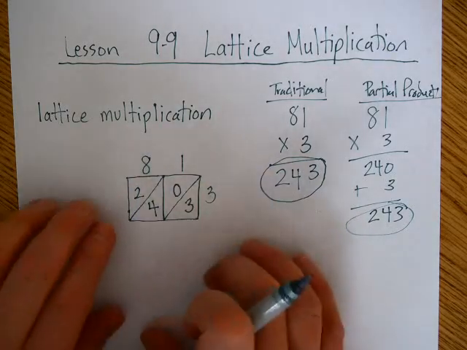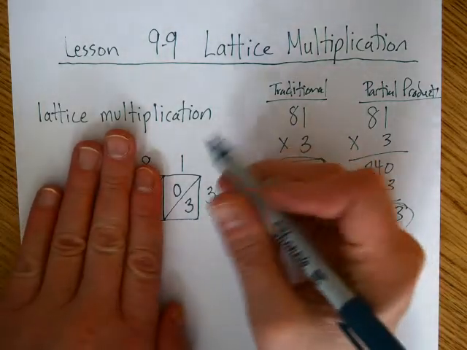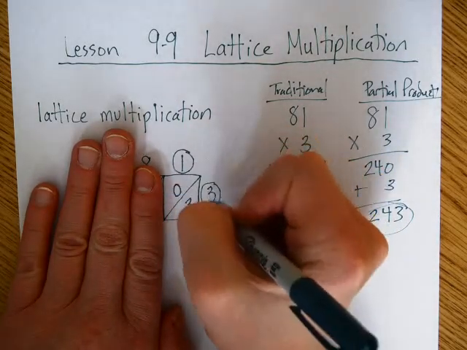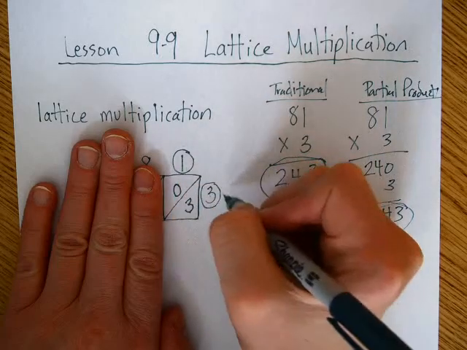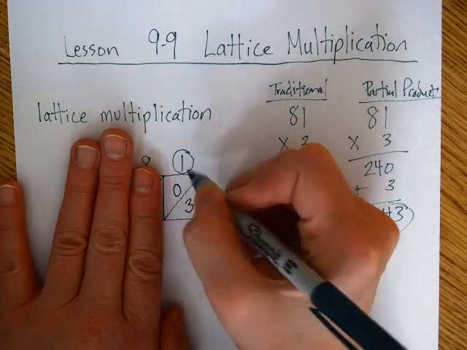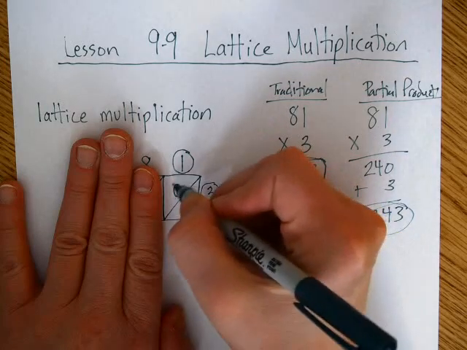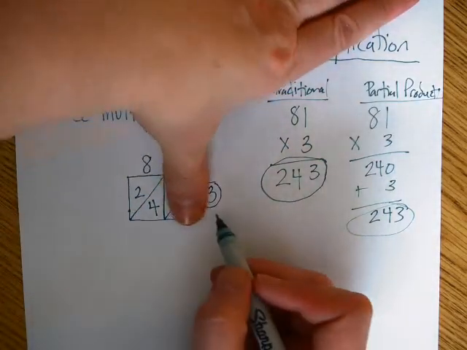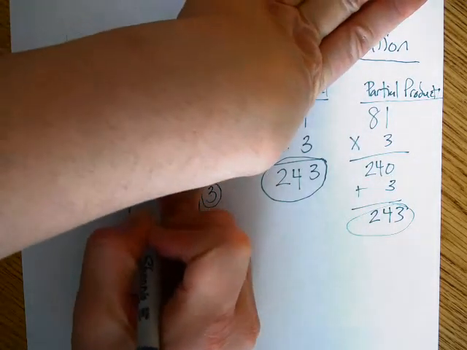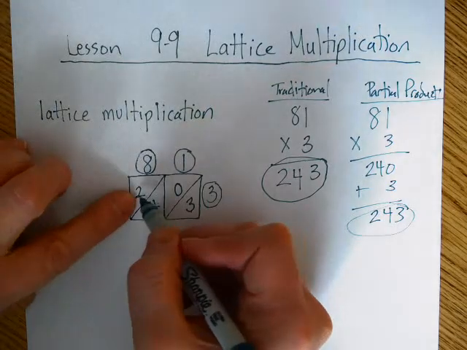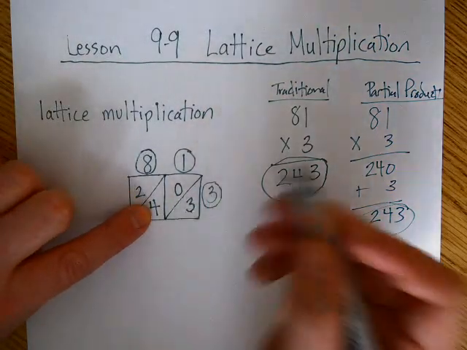We might have a bunch of different boxes in this lattice, but it's whichever number is on the side and on the top, directly above and beside that box, that we work with. So that's how we got 3 times 1, which was 3, and then there wasn't anything in the tens place. And then we can forget about that one, and we can do 3 times 8, which is 24. And that's why we put the tens place here and the ones place here.